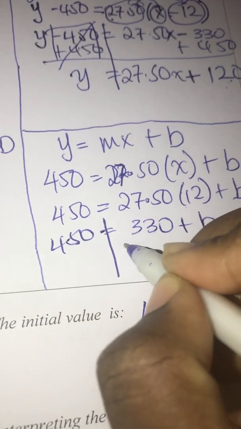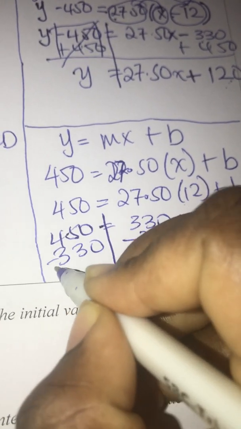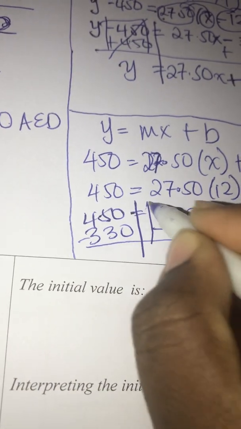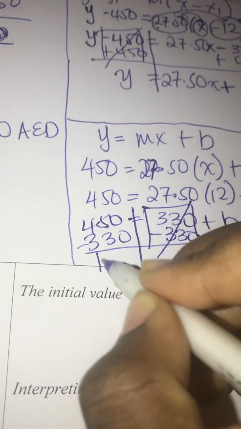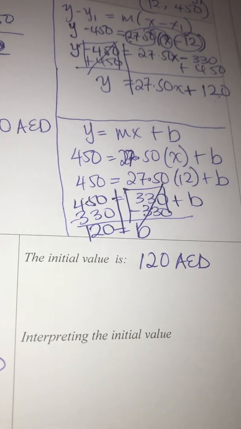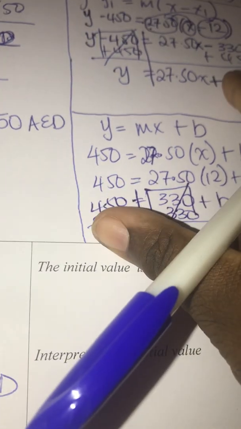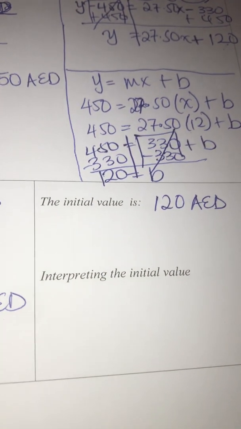I draw my bridge, subtract 330. It is up to you which method you use. You should get the same answer. Okay? If you do this method or this method, it doesn't matter. Either one of them should give you the same answer.